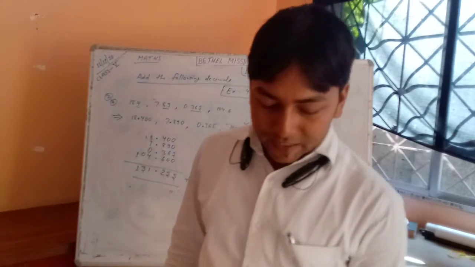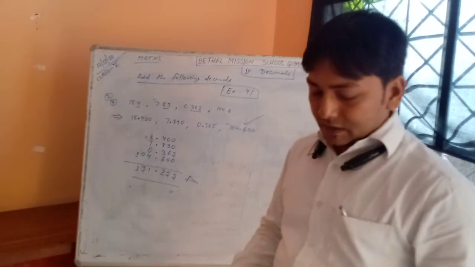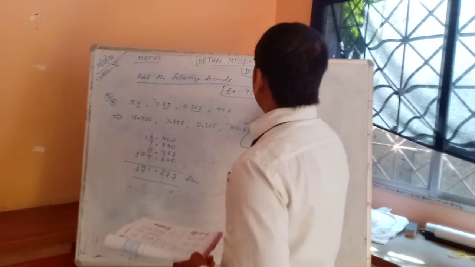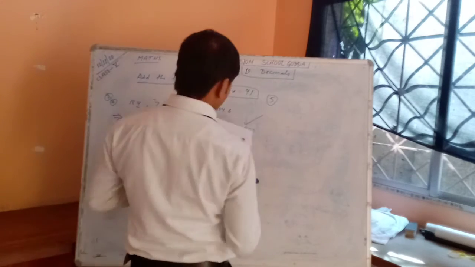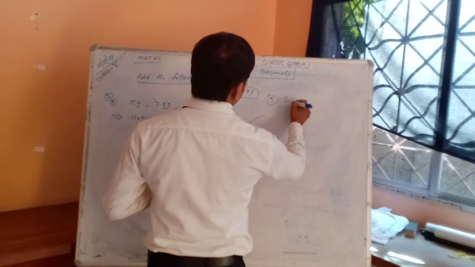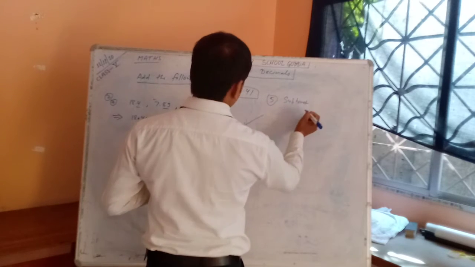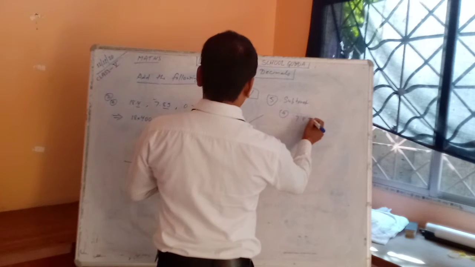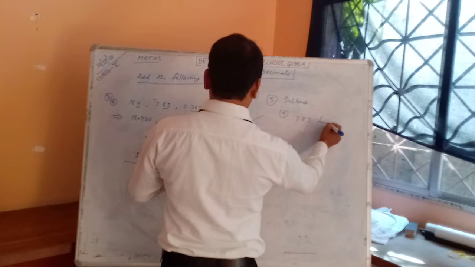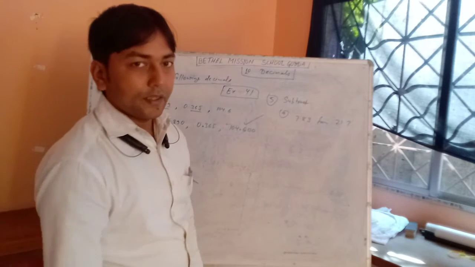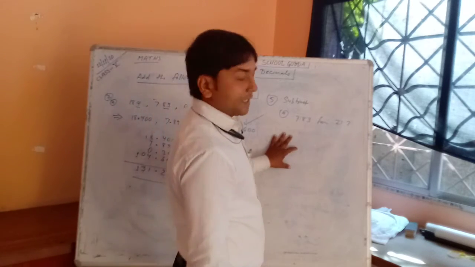Now I take one more example. It is a subtraction, question number five: subtract 7.83 from 21.7. How will you subtract?